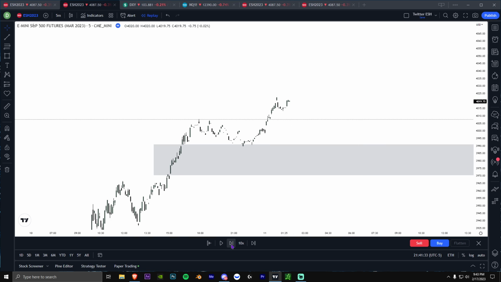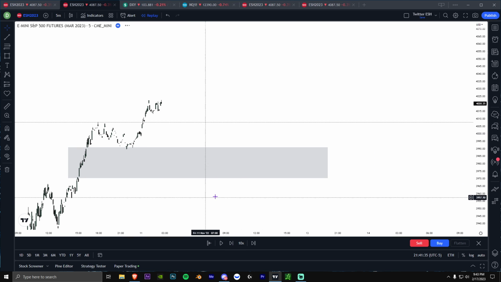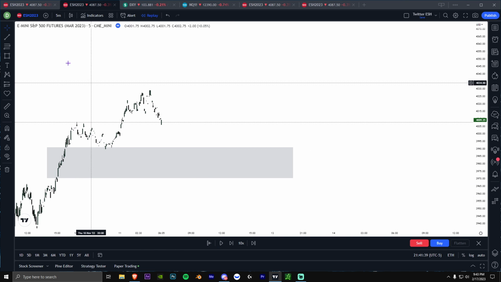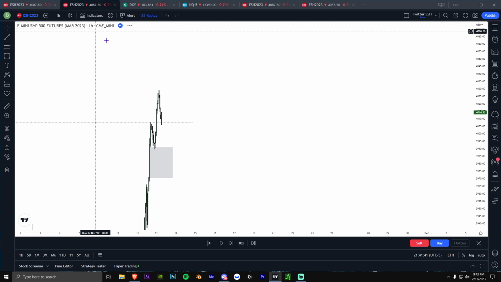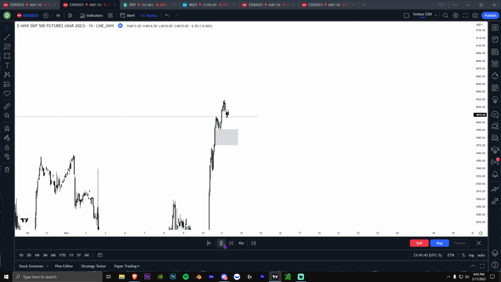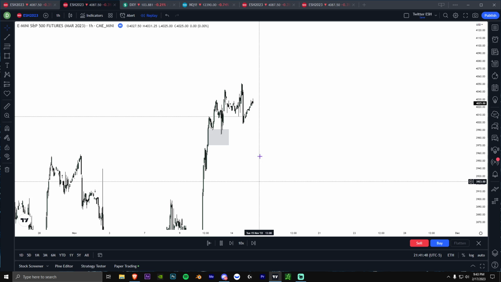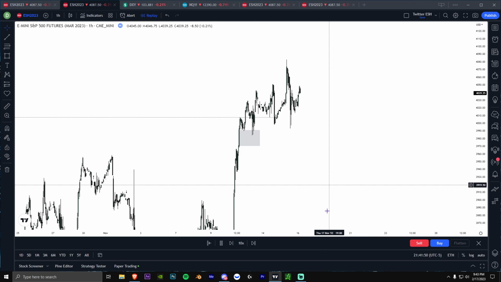Damn, the volume's still bad. Okay, I can't backtest this. I need to go further. But again, here I'd probably not be looking long.